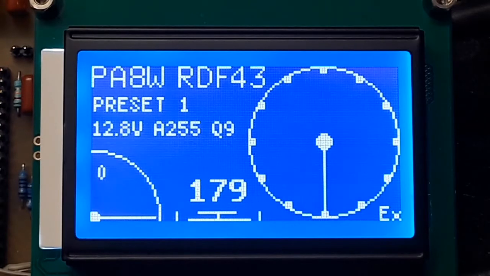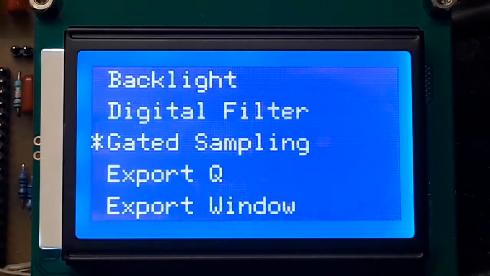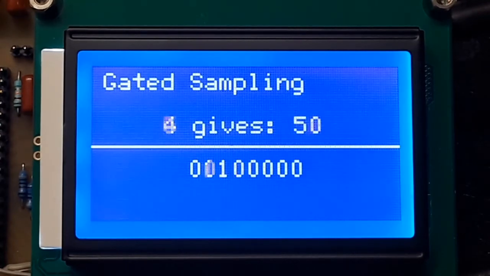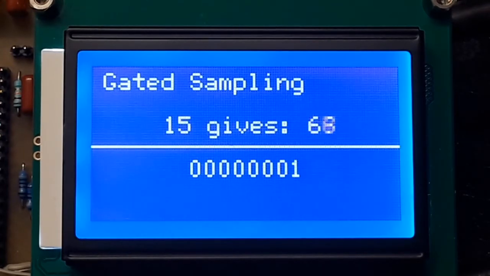So we're going to switch to gated sampling, and as you can see we're at number 10, which gives an output of 120. That's just an indicator of the best moment of sampling. So when I pick another moment, you'll see that the amount of Doppler tone lowers.